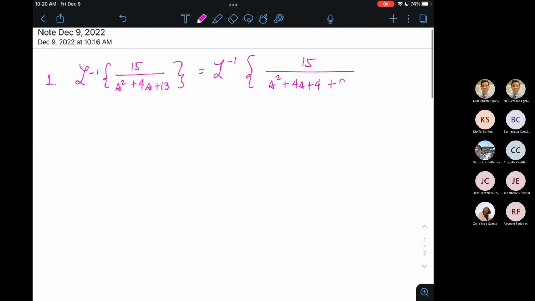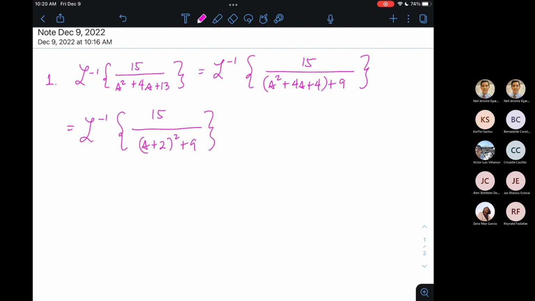So kailangan ko ibalik yung 9 dito, alright? But I'll keep in mind that I am considering the first 3 terms to be a single entity or a single group, so that I can write it in factored form as 15 over s plus 2 quantity squared plus 9.